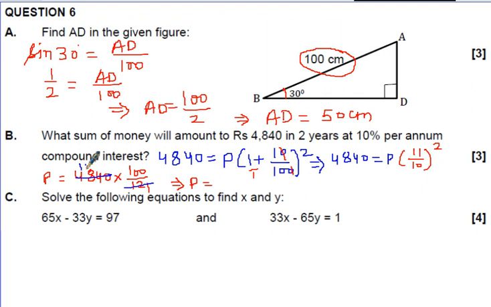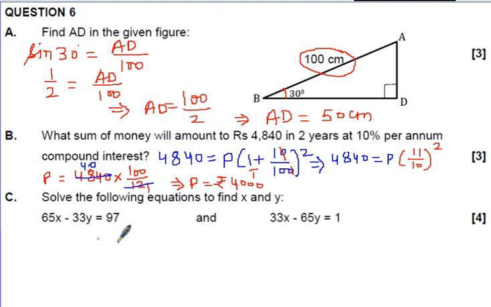You can check. Okay, so it goes 4 times. So 40. Some children write 400. So you have to be careful of the sign. So it comes rupees 4,000 is your answer. Try to do by yourself.